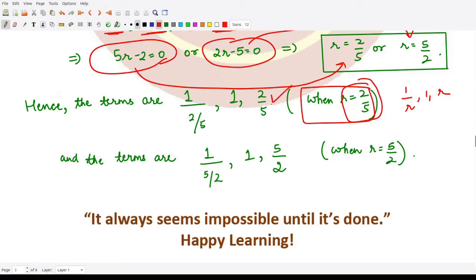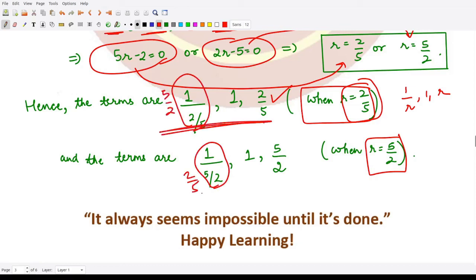These are the three terms. And when you take the value of R as 5 by 2, they become 1 by 5 by 2, 1 and 5 by 2. So you can solve this, it would become 2 by 5. And you can solve this, it would become 5 by 2. So these are the terms of your GP when the common ratio is 2 by 5 and 5 by 2 respectively.